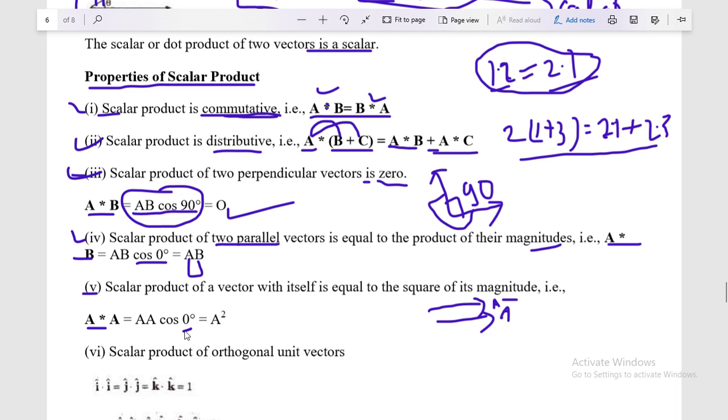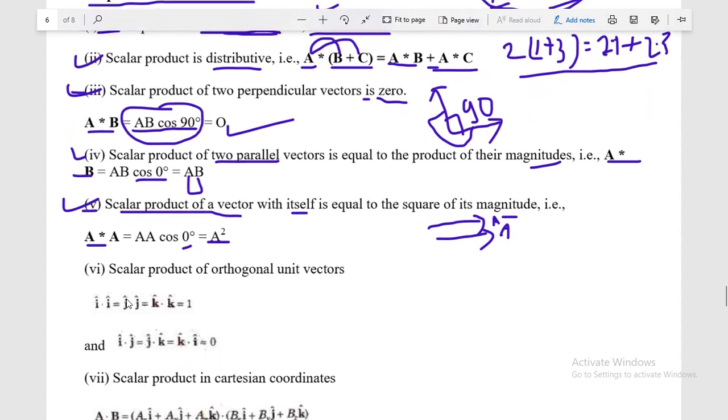If the angle is 0, cos 0 is 1. So you will get A dot A is equal to A square. This same thing is your statement: the scalar product of a vector with itself is equal to the square of its magnitude. I hope you understand property number 5.